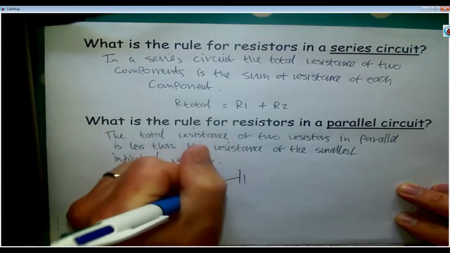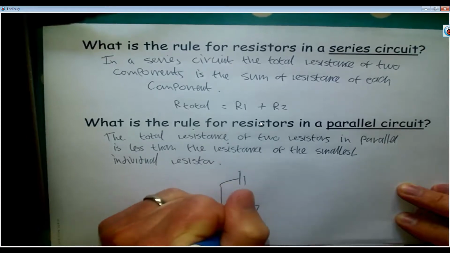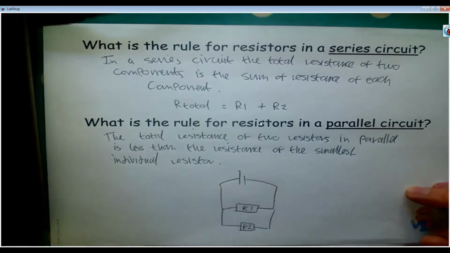So say we got our circuit, we've got resistor 1, we've got resistor 2. The total resistance there will be less than the resistance of the smallest of these two resistors.